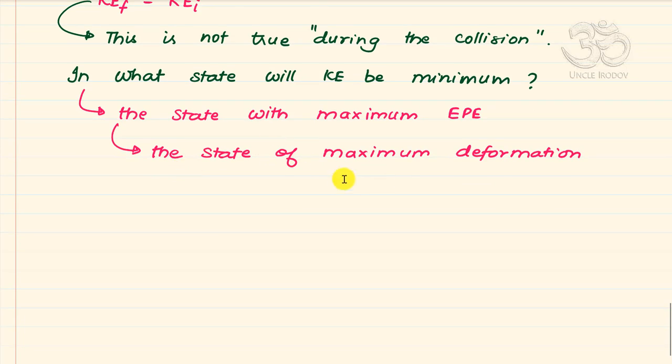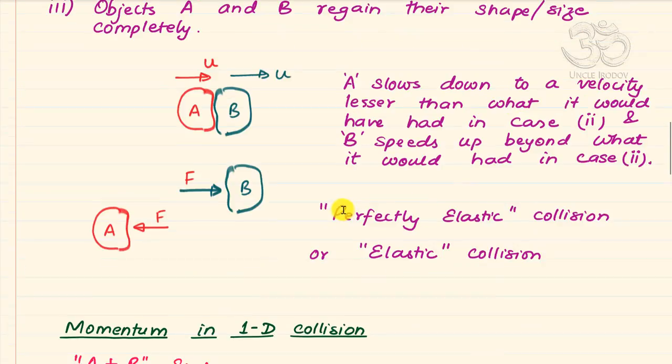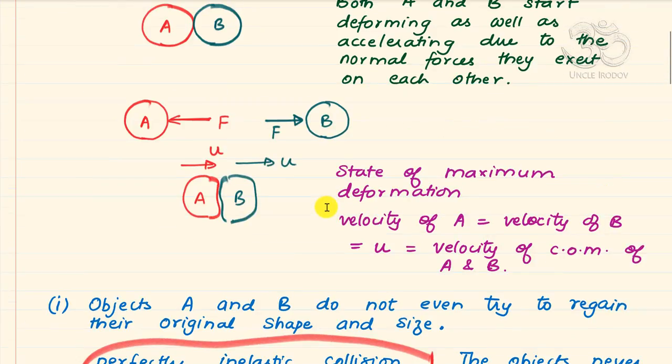And you have to keep in mind that in the state of maximum deformation, the two objects were traveling with equal speeds, u and u each, and that was also equal to the velocity of the center of mass.